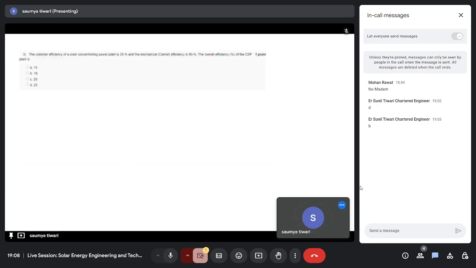Now, this is the next question. What will be the overall efficiency of a solar concentrating power plant? The collector efficiency of the solar concentrating power plant is 28% and the mechanical efficiency is 90%.